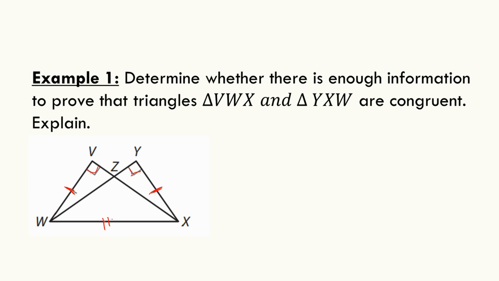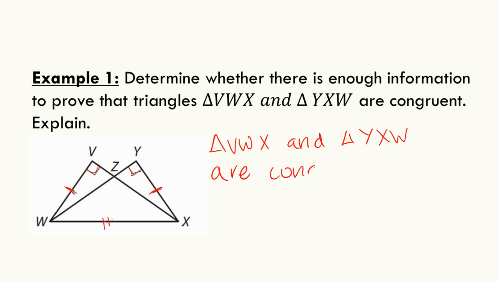So is there enough information to prove that these two triangles are congruent? Yes, there is. Triangle VWX and triangle YXW are congruent by which theorem? Well, because they're right triangles, they happen to be congruent by HL theorem.